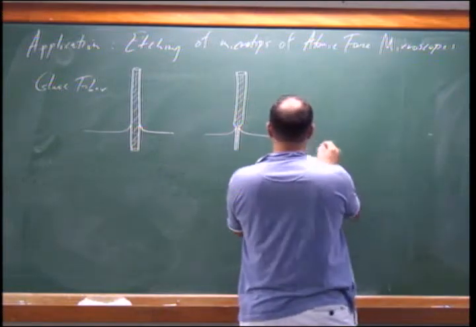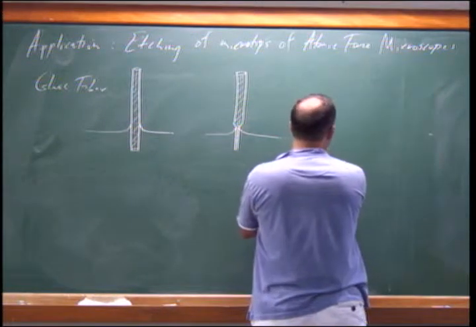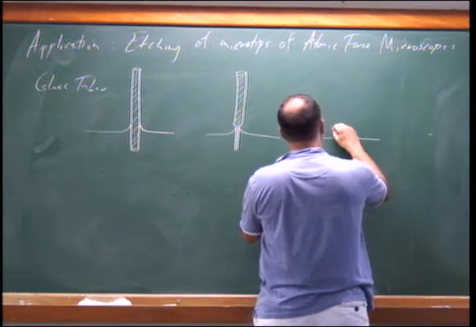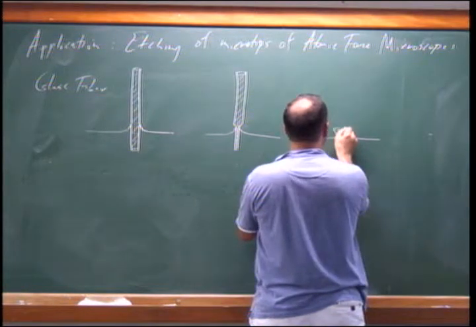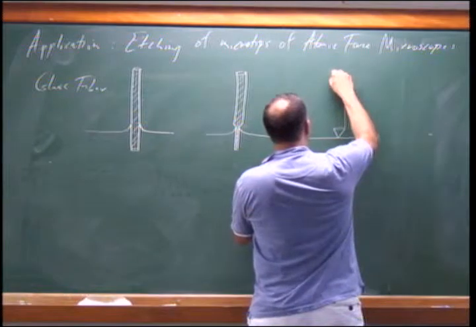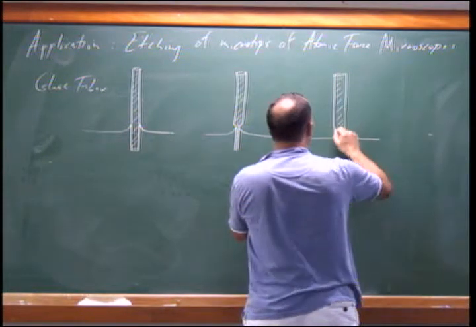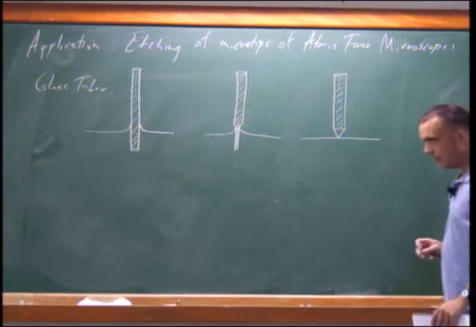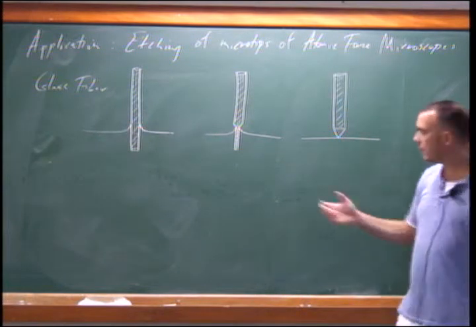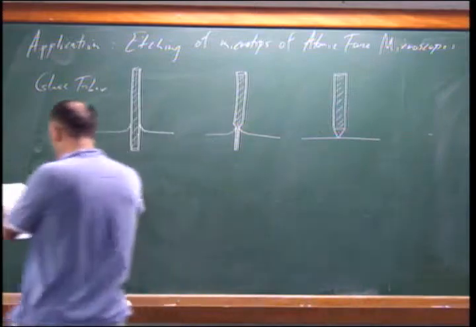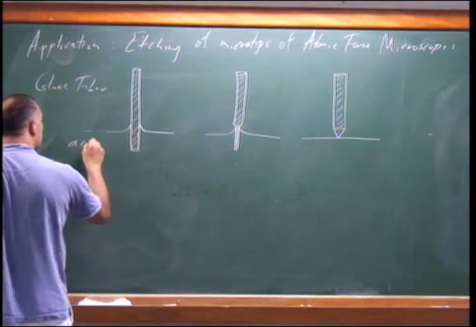And so you get at the end something sharp. Etching is chemical erosion, so basically this is an etching bath. So it's acid.